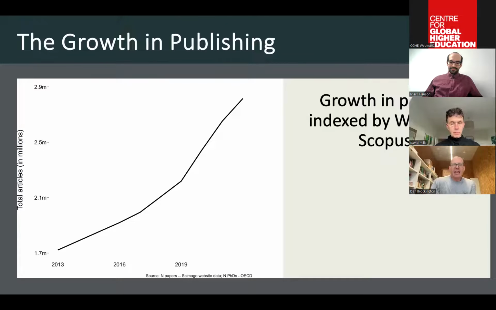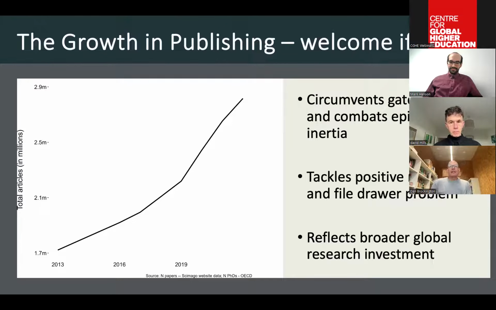And we have to say at the outset that there are multiple reasons why this sort of increase can be and should be considered something which can have good results and good consequences. It can be a good thing because we know that the production of scientific knowledge is controlled by gatekeepers. It's dominated by particular epistemic communities who can be bad at recognizing the value of new science and new approaches.